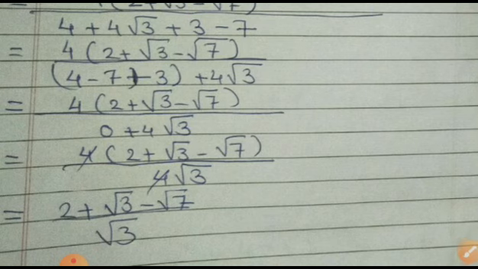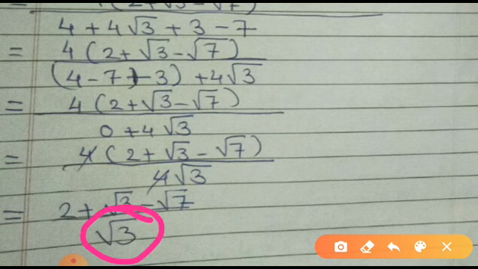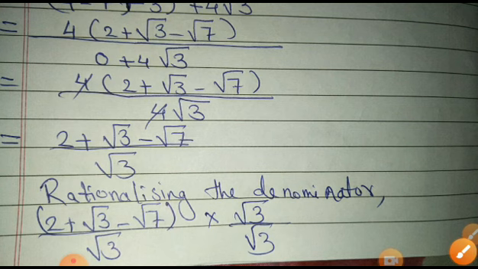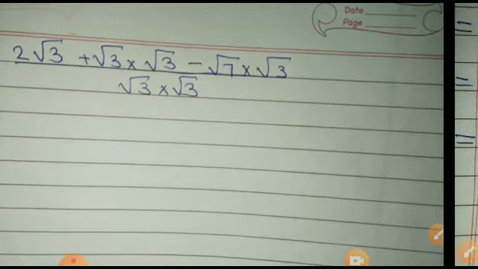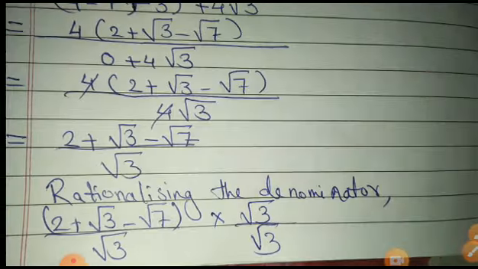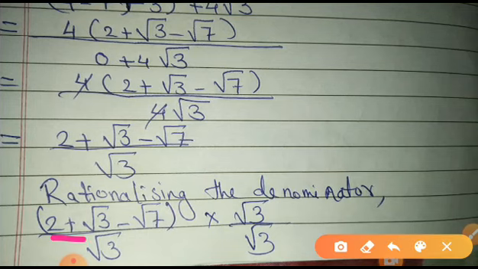Now don't stop here, because see the denominator. Denominator is not a rational number. It is again an irrational number. So what should I do again? I have to multiply by its conjugate. Now denominator, just check, is it a monomial or a binomial? It is a monomial. So I have to multiply with what? Root 3 itself. So this will be the step. Multiply that root 3 inside the bracket.